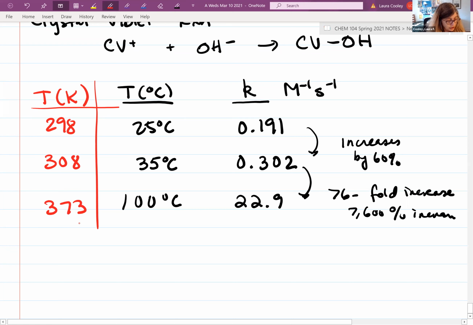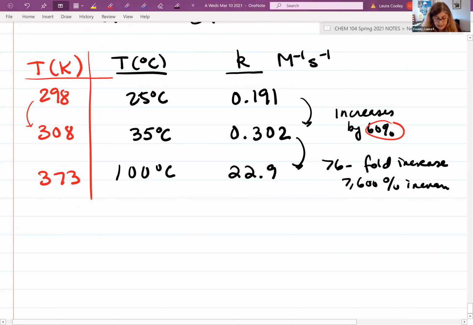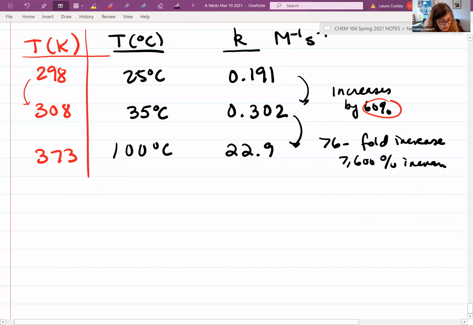So this increase in temperature here is only 3 or 4%, and yet it increases the rate constant by 60%, okay? And that's because the temperature is in the exponent. And when you change something that's in an exponent, it really is a big deal, okay?